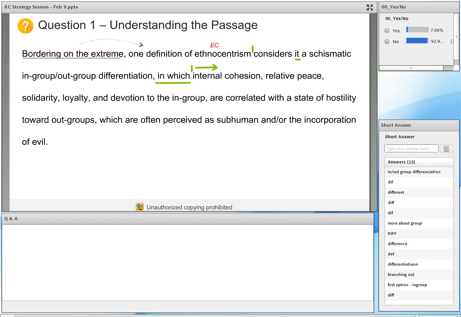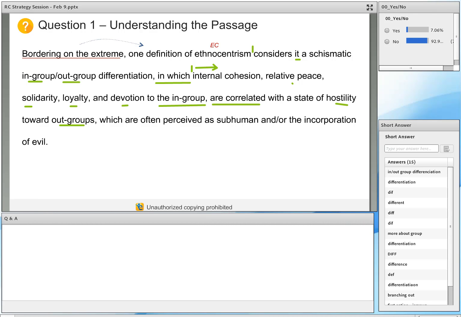Okay, so good. In which internal cohesion, relative peace, solidarity, loyalty, and devotion to the in-group. Okay, look at this. The differentiation was between the in-group and the out-group, and here in-group is already here. Are correlated, are linked with a state of hostility toward outgroups.